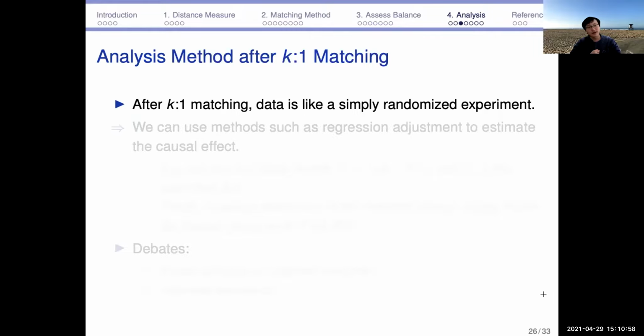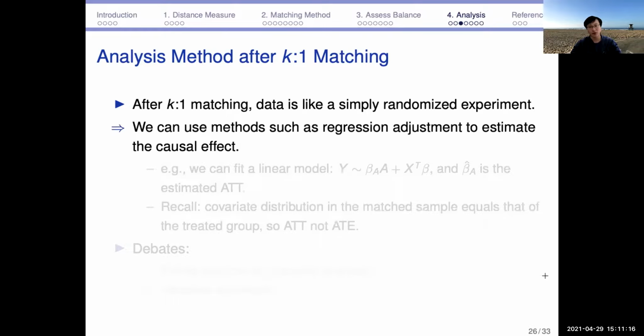Okay, so K-to-1 matching, or if it helps, think about a one-to-one matching on this slide. After K-to-1 matching, if we have good match, then data is like a simply randomized experiment. And therefore we can use methods like this to estimate the causal effect.